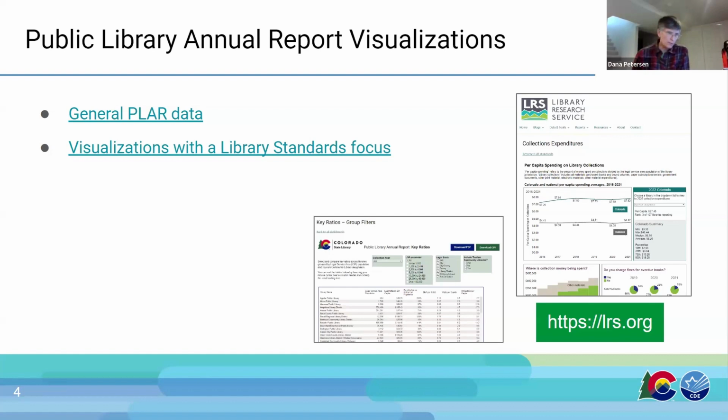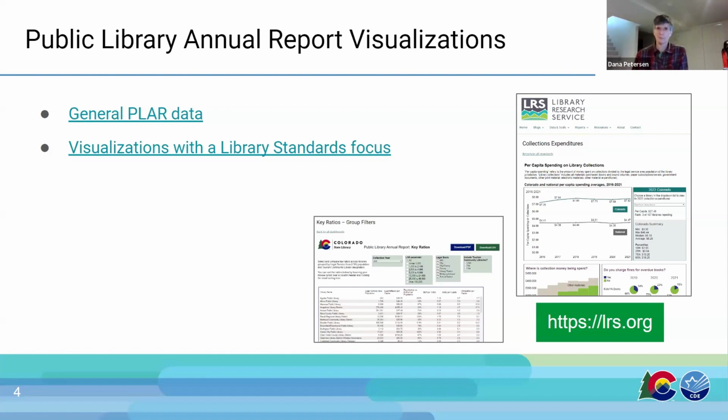Okay, so that's a little bit of the PLAR data and some visualization ideas that we've come up with. But back to our scenario today, you have a data set and you are ready to make some sense of it. It's gentle fun to poke at some bad ideas, so we thought we'd start with that first.